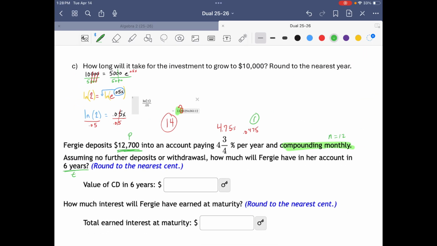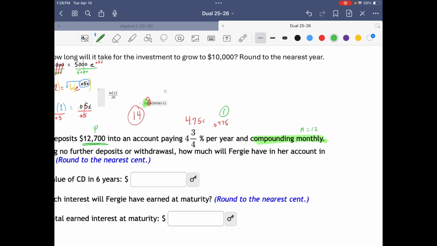And you're going to put into the calculator 12,700, parentheses 1 plus R over N, which is 12, and then 12 times 6 for the amount of years.